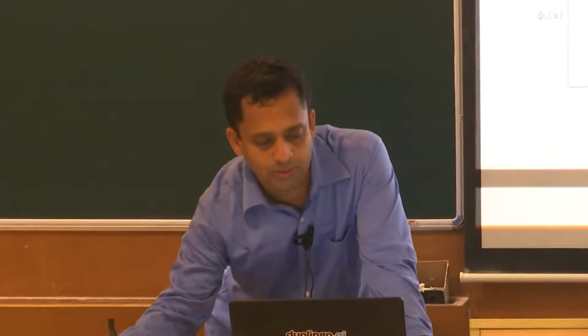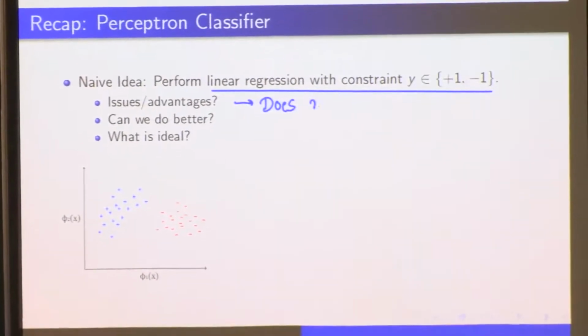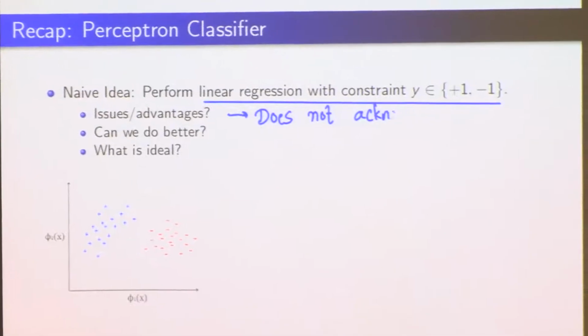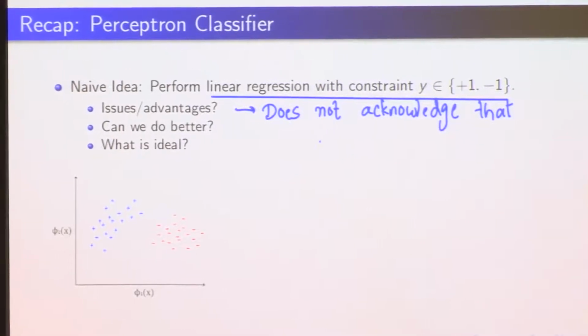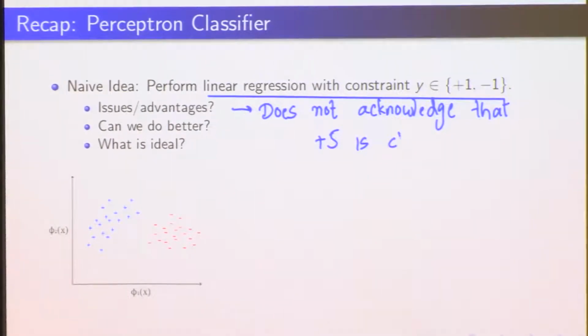Linear regression with this constraint does not acknowledge that plus 5 is closer to say plus 1 than say minus 1 is to plus 1, right. So minus 1 and plus 1 are actually very far away as far as classification is concerned, whereas 5 and 1 should be close enough.